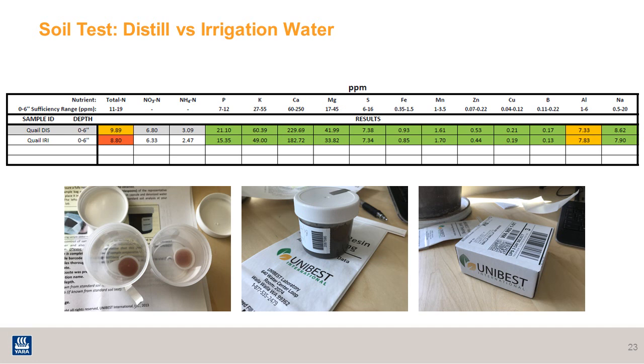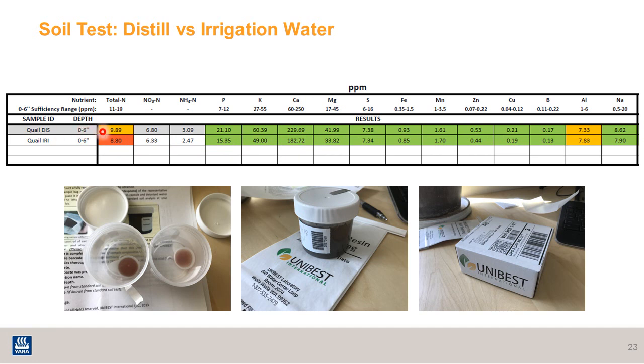Okay, here's my last slide, and I just wanted to point out the difference between the test when you use distilled water. Here's a test that I ran with distilled water and a test that I ran with the irrigation water. You can see here, you just go down here, you see the difference. There are two very different numbers. This is the same soil, just using different water.